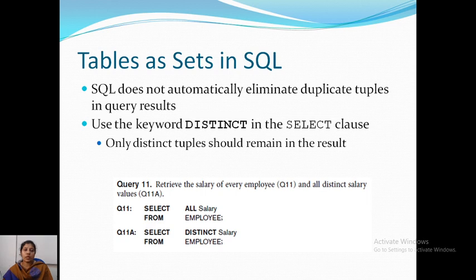For example, you may have more than one employee with the same name, but the employee ID will be different because it is a primary key. Now, if you write select ename from employee, it will display all the employees even though there is a repeated name. Now, if you want to display all distinct names, then you have to use the keyword distinct. It will eliminate the duplicates.